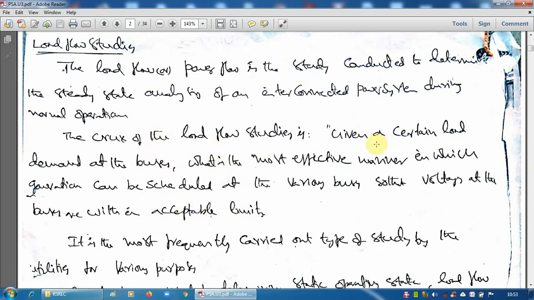If loads are fixed or specified at all the buses, to meet those loads, what is the generation schedule to be followed so that no bus exceeds the voltage or reactive power limits. It is nothing but determination of bus voltages and line powers, etc. Same thing as I explained previously is given in other words here. That's it.